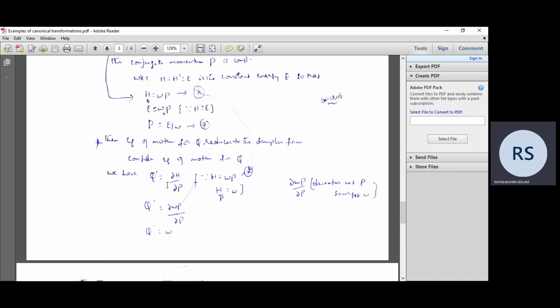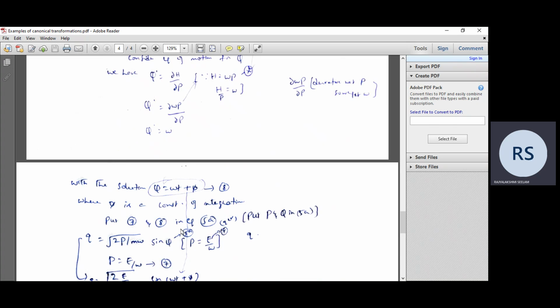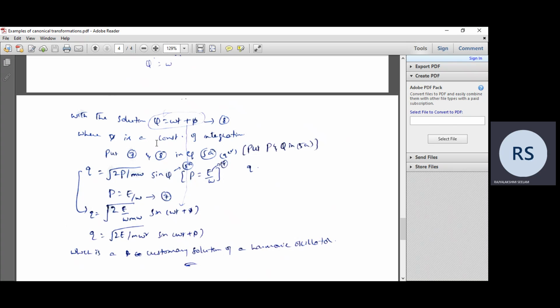So Q dot equals dou of omega P by dou P. Here dou P by dou P gets cancelled. We have Q dot equals omega. So the solution is Q equals omega t plus alpha, where alpha is a constant of integration.